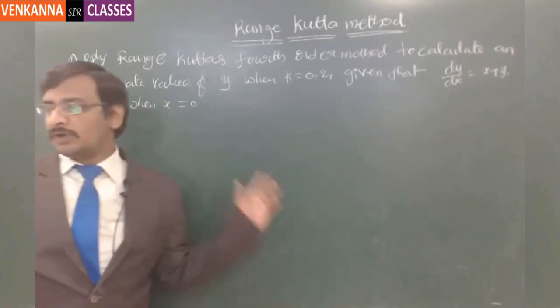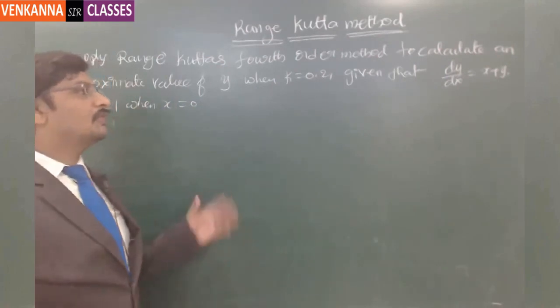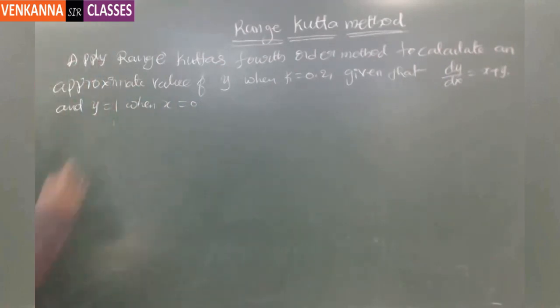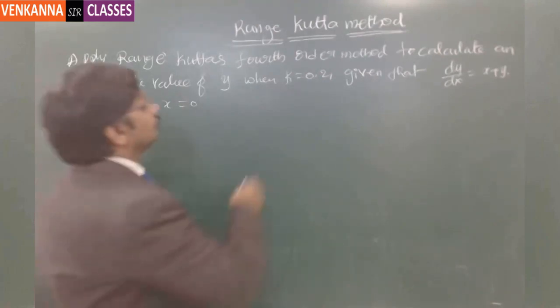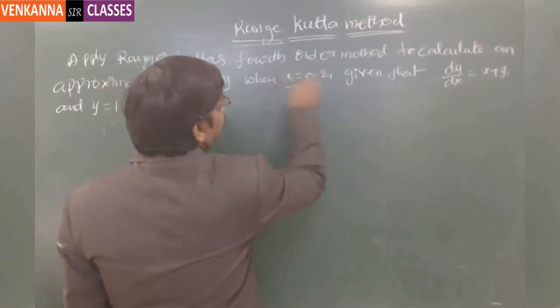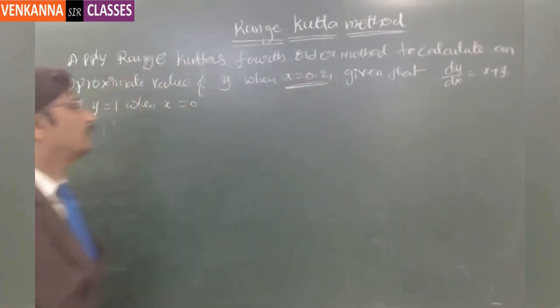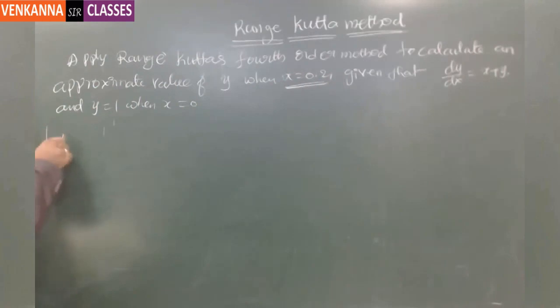Now when we are using the Runge-Kutta method, we need to calculate the function value at 0.2. So let h equal to 0.2.